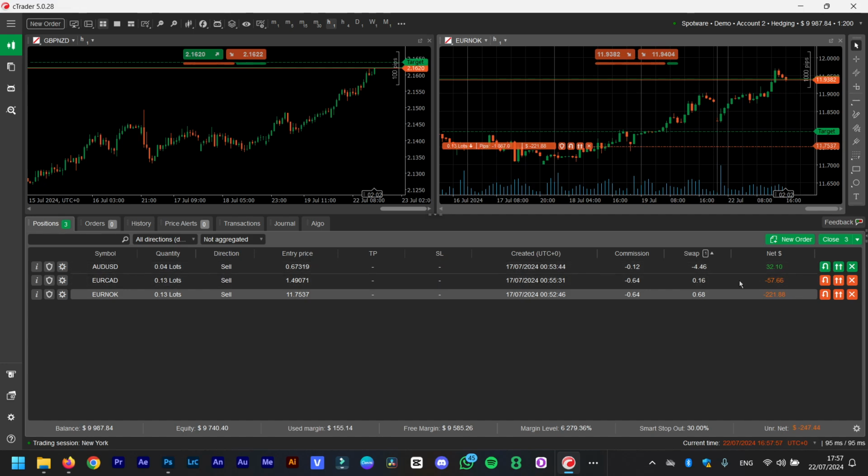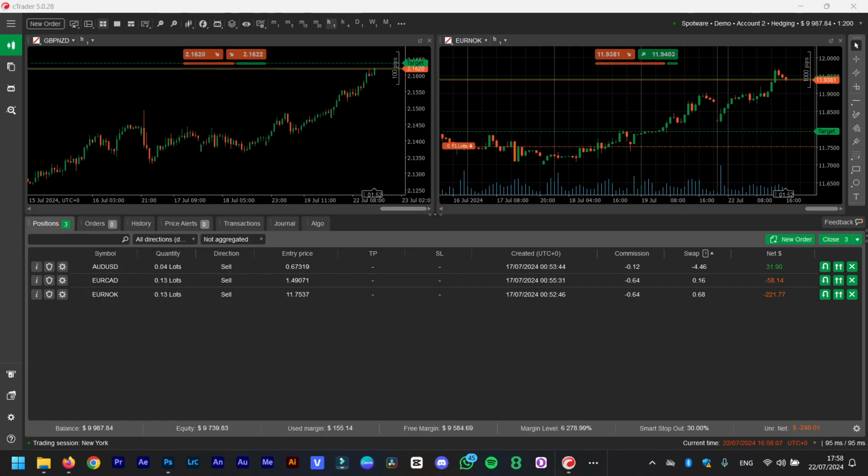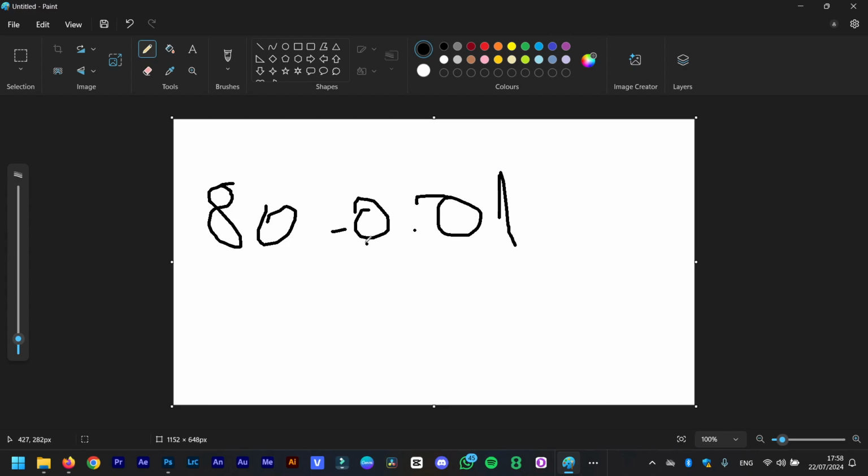Oh, and also as soon as I close these trades, I'm probably gonna increase the margin level a little more, because I'm trading with a proportional lot size of 80 to 0.01. So I'm trading with 80 to 0.01, which is good, but it's not as safe.